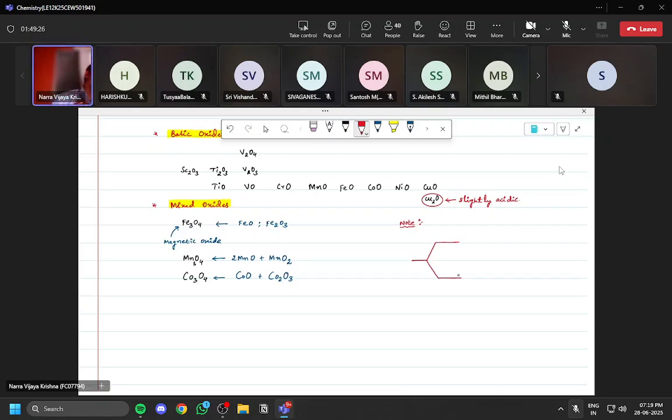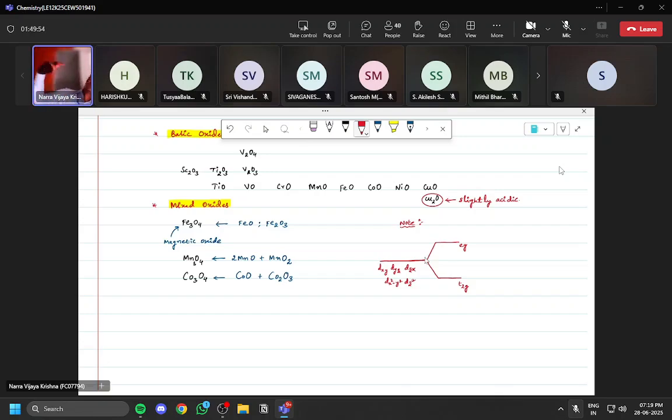if we have unpaired electrons in d orbitals, they are also colored due to d-d transition. If we take d orbitals, how many d orbitals are there? 5 now. What are they? dxy, dyz, dzx, dx square minus y square, dz square. All we call them as degenerate orbitals, orbitals having same energy.